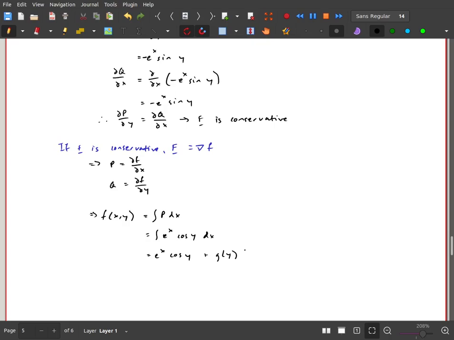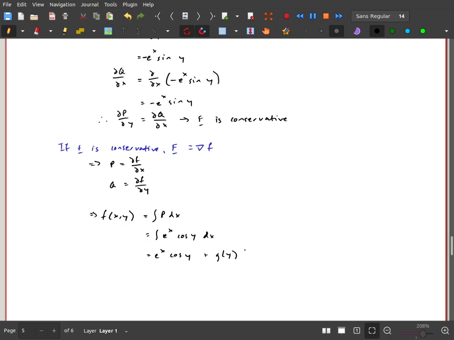We need to put the constant there because we are doing an indefinite integral. There are no limits of integration in this case, which means that when we do the integration with respect to x, we don't know whether there are other terms that depend on y or other constant terms present or not.